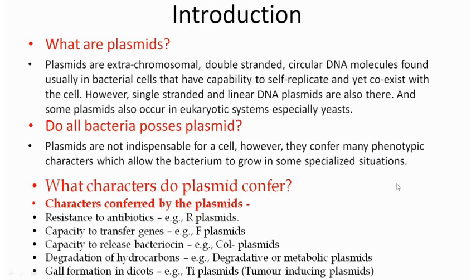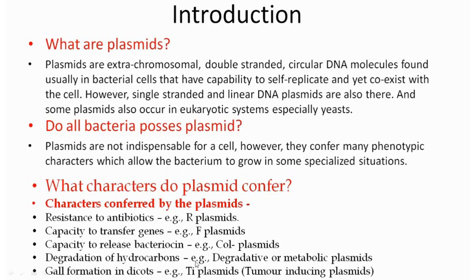So let's see what functions a plasmid confers within a bacterium. There are many functions. Resistance to antibiotics is conferred by the R plasmids. Capacity to transfer genes from one cell to the other is conferred by the F plasmids. Capacity to release bacteriocins, which inhibit the growth of or kill other related bacteria, is the function of Col plasmids.